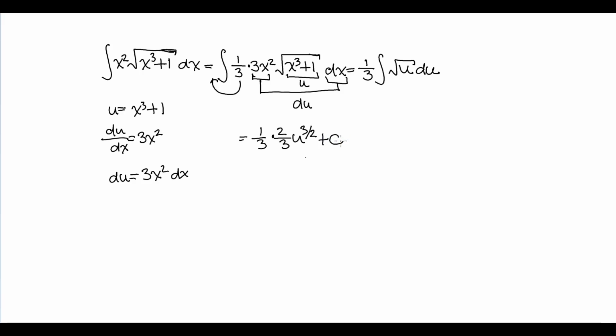Now we have to substitute back in our original expression for u in terms of x. So we have 2/9, multiplying fractions, times the square root, sorry, in radical form, of x cubed plus 1, cubed. Okay, plus c.